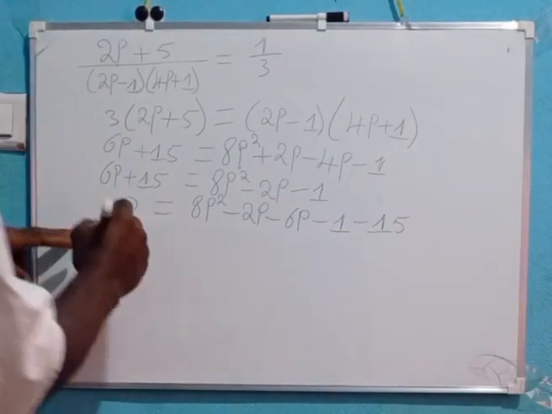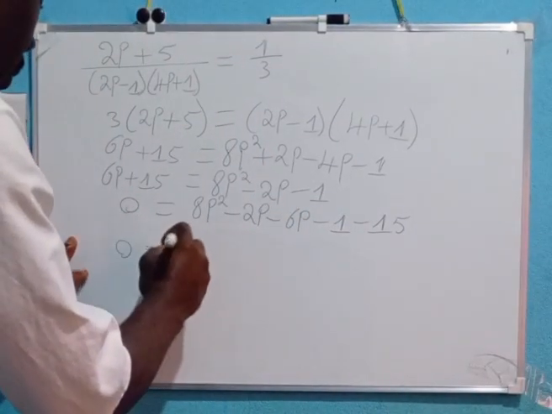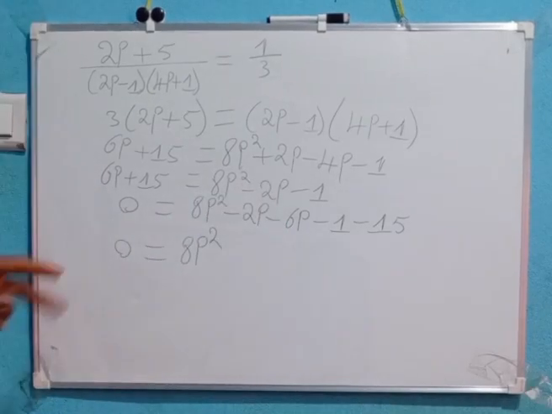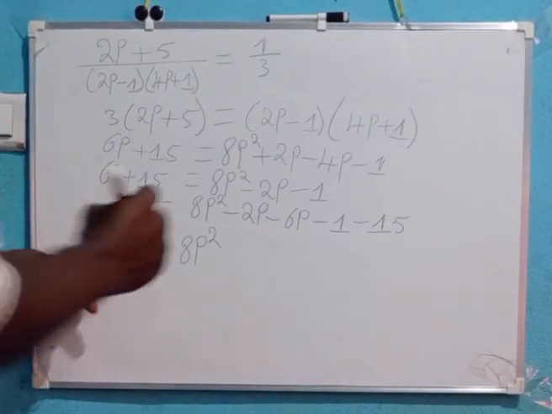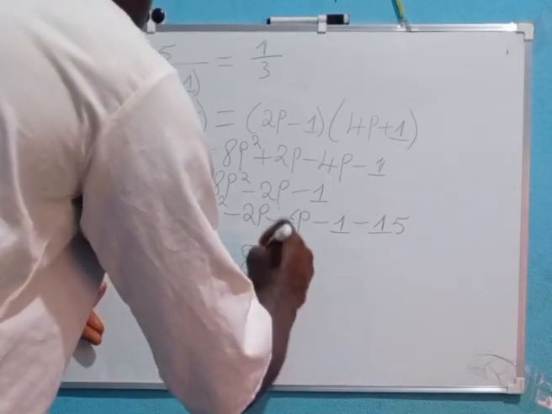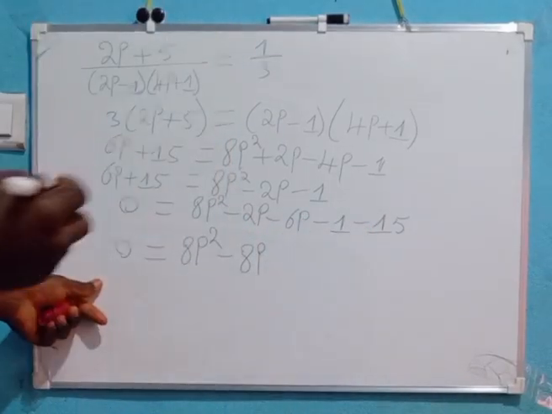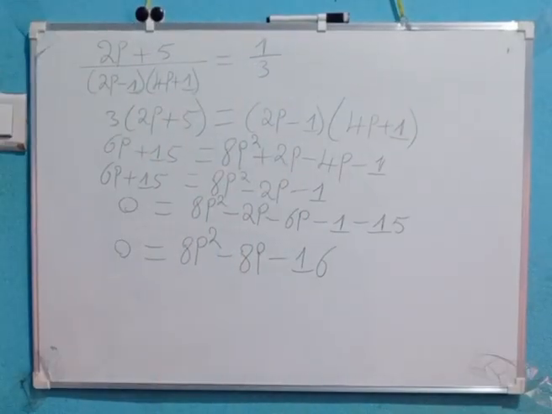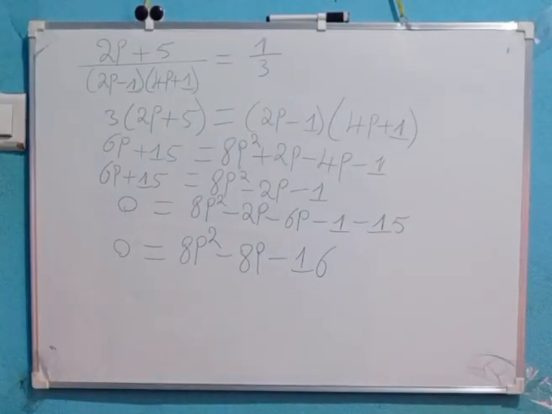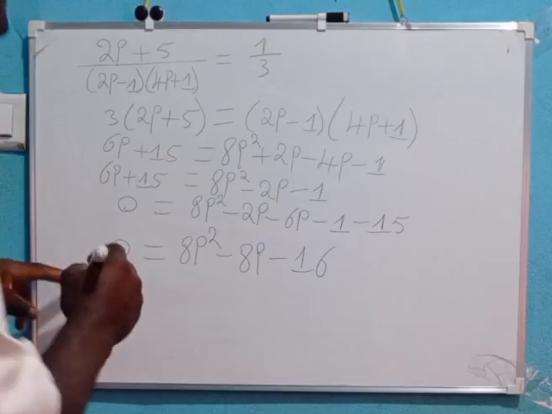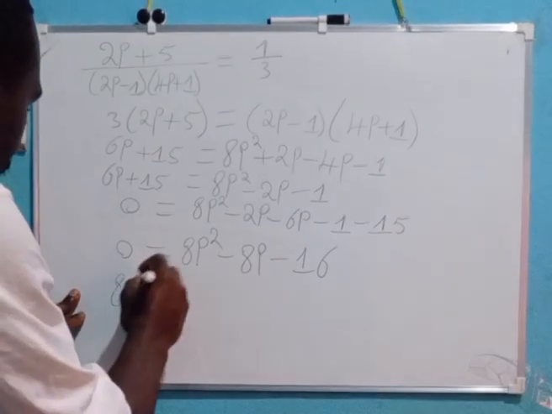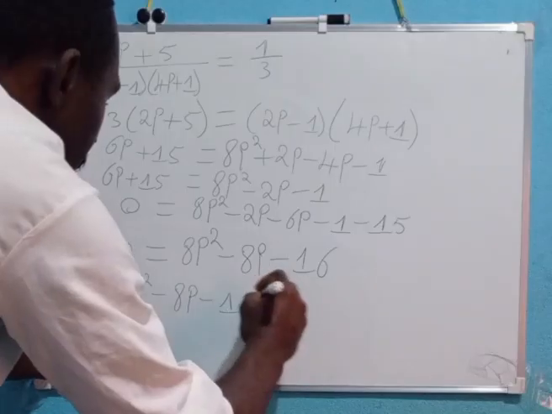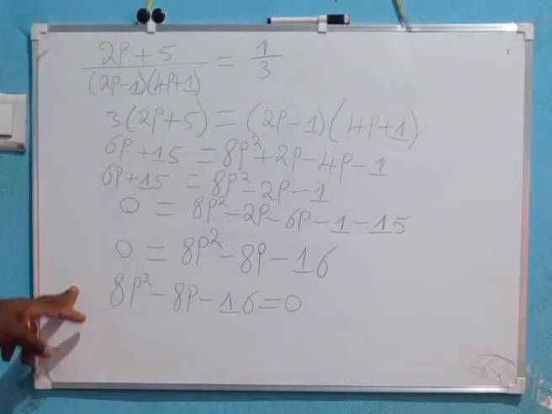This will give us 0 equal to 8p squared. Negative 2p minus 6p gives us negative 8p. Negative 1 minus 15 gives us negative 16, which is the same as saying 8p squared minus 8p minus 16 is equal to 0.